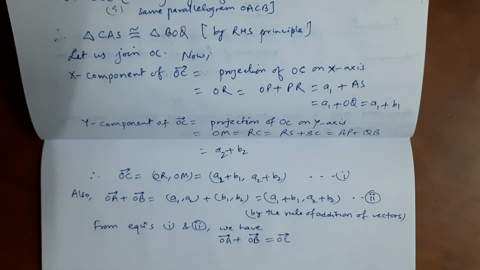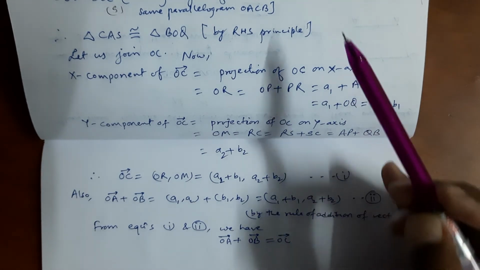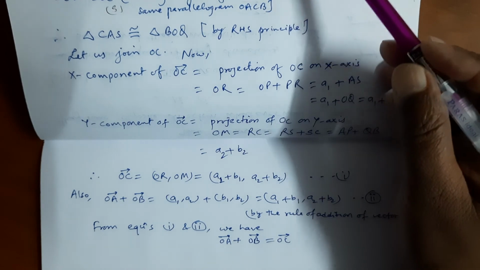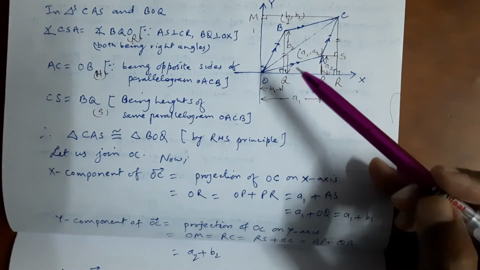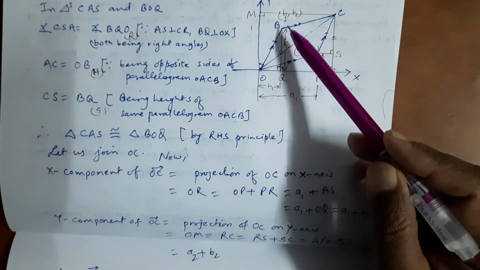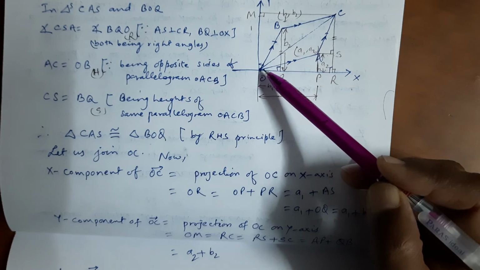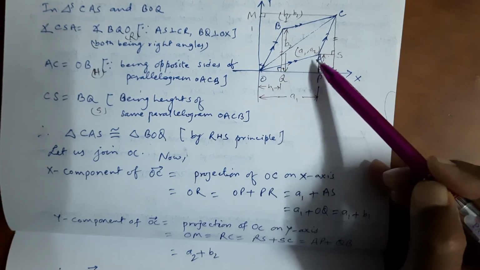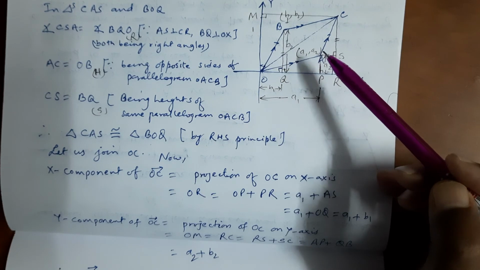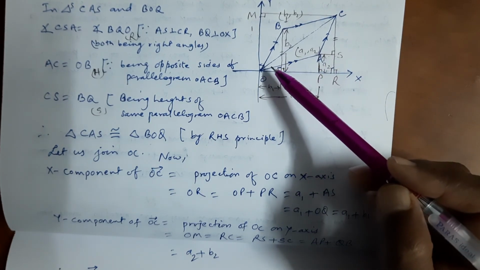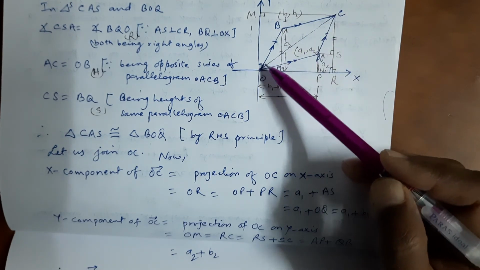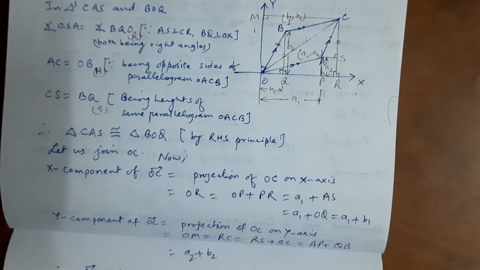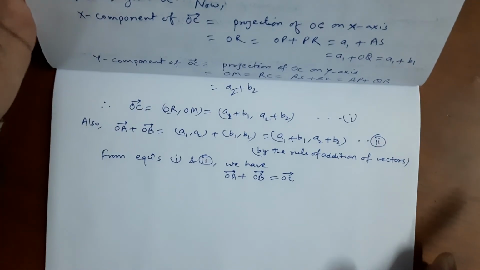Okay, and in this way it's clear that if two adjacent sides OA and OB starting from the same point represent two vectors in magnitude and direction, then the resultant is given by the diagonal OC of the parallelogram starting from the same point. Okay, this is the parallelogram law of vectors.